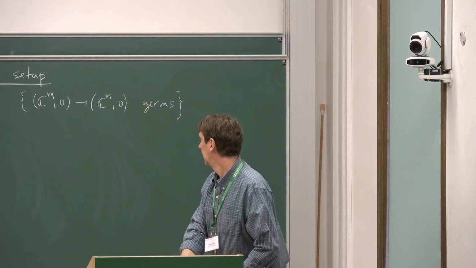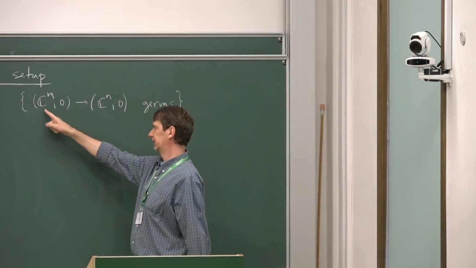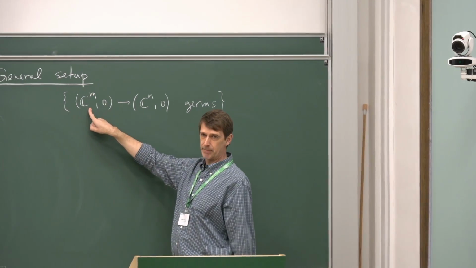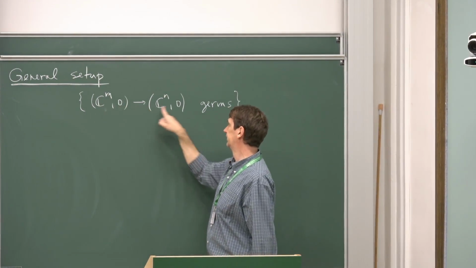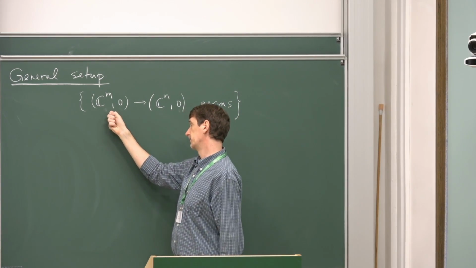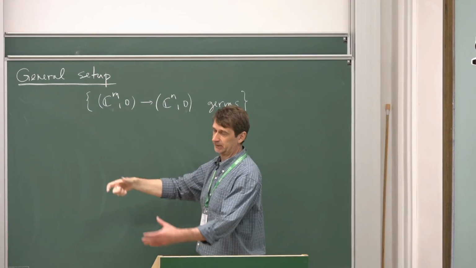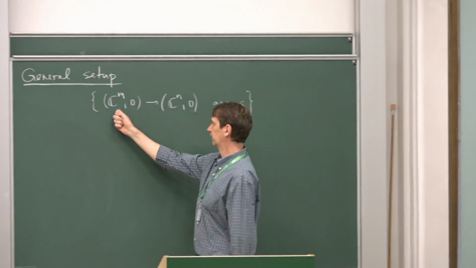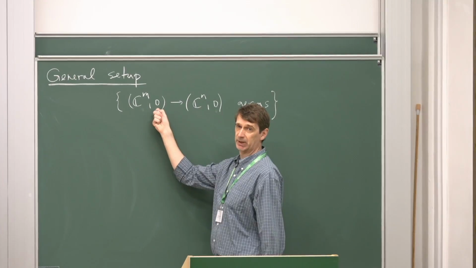So what do I mean? I mean that consider holomorphic maps defined in the neighborhood of 0 in Cm, and require that 0 is mapped to 0. And identify two such maps if they agree on a smaller neighborhood. So really, when we talk about germs, then we really just see the map around 0.